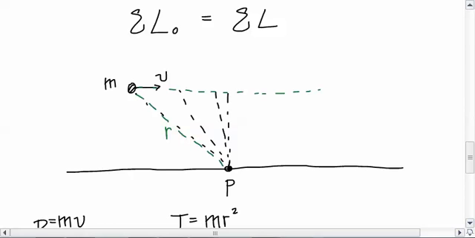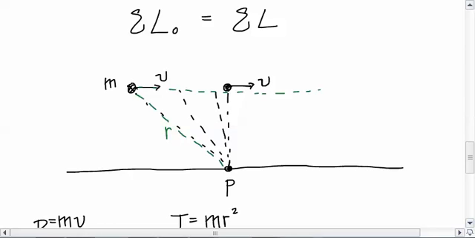So what could you say about the angular momentum of the object here compared to there? If it's not speeding up or slowing down, just moving at a constant speed, it would be the same.